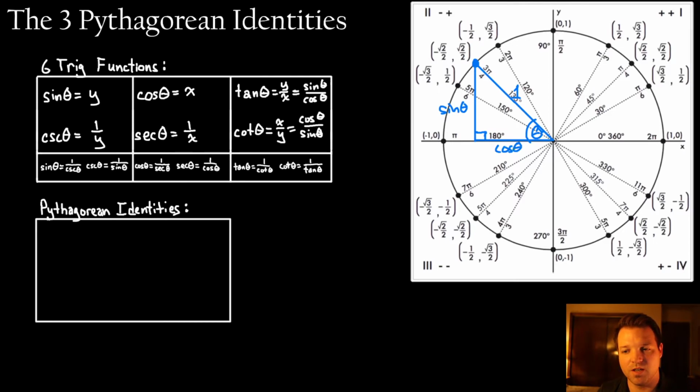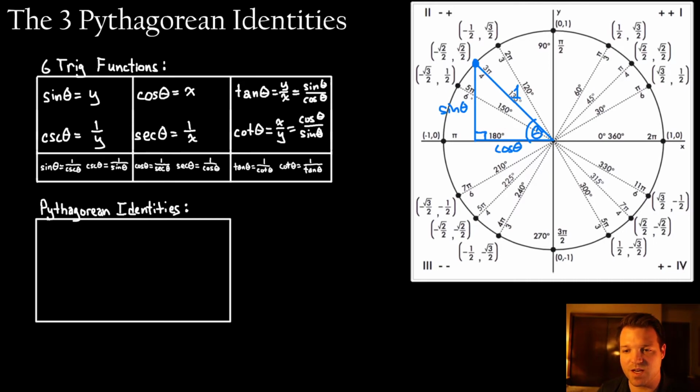Hypotenuse is 1. One side is cosine, and the other side is sine of theta. So the Pythagorean theorem says that if we have a right triangle, if you take each side squared and add them together, then you should get the hypotenuse squared, right? So that's the old formula a squared plus b squared is equal to c squared, right?